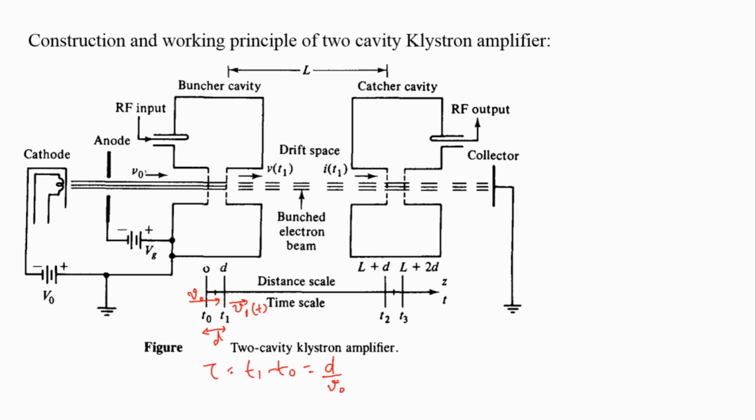That was the two cavity klystron, so we had a buncher cavity and a catcher cavity, and the RF input is applied, and the bunching process occurs in the drift space. This RF input was nothing but a weak signal, and due to this applied RF input, in the positive half cycle the electron coming from the cathode will be accelerated after the buncher cavity, and the electron reaching on the negative half cycle will be decelerated.